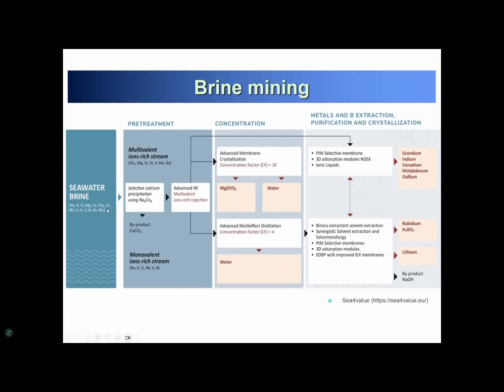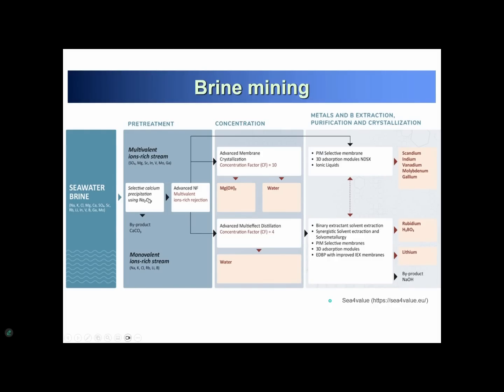You can see the 11 materials can be extracted: sodium chloride and then some of the monovalent ions. They like to have some pretreatment process to separate multivalent ions and monovalent ions. You can see that they have a selective calcium precipitation with sodium carbonate.